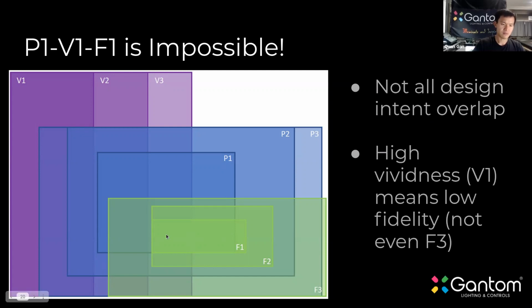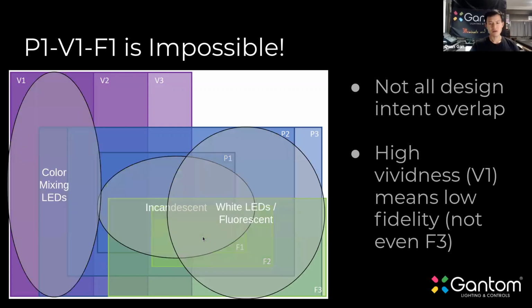So these requirements are going to be almost mutually exclusive. And then here is a very high-level generalization of where a lot of the lighting technologies lie as far as their performance ratings.